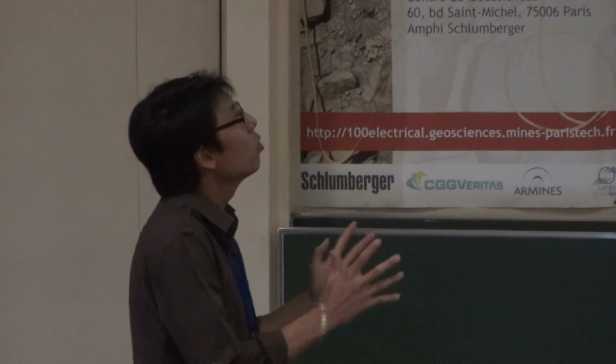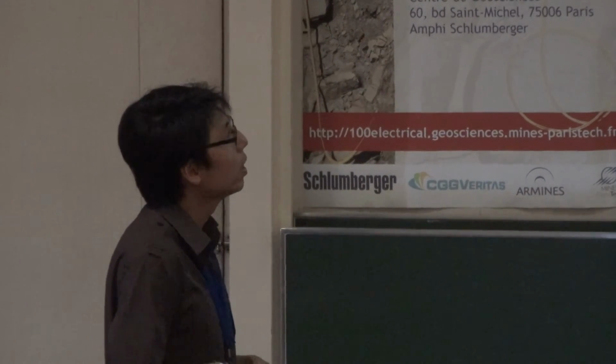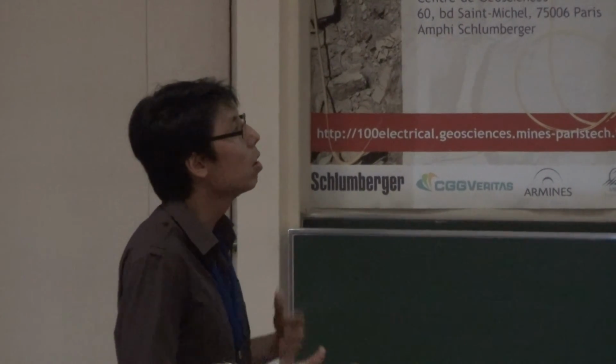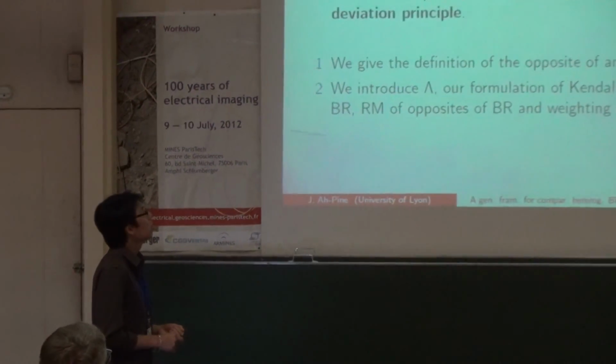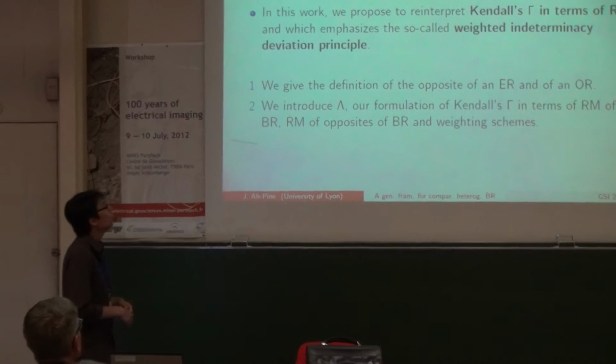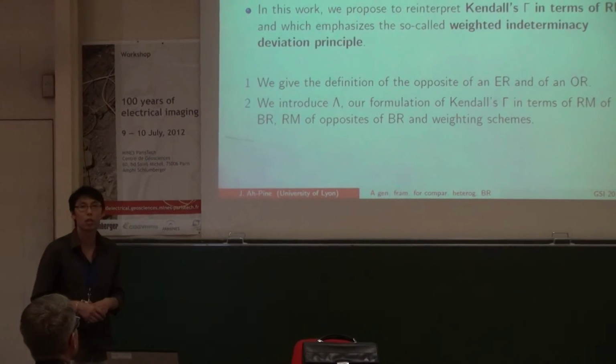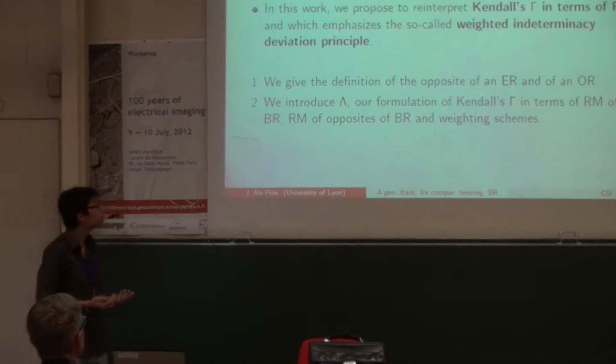To introduce all those concepts, I will start by giving the definition of the opposite of an equivalence relation or an order relation. Then I will give the formulation of a new kind of interpretation of Kendall's gamma that I call lambda.